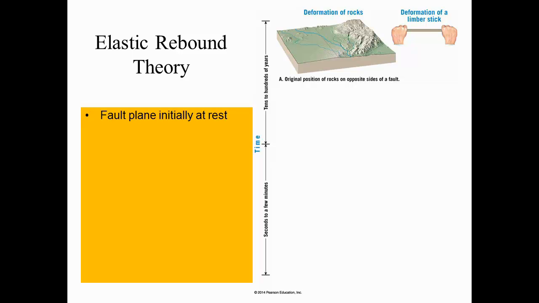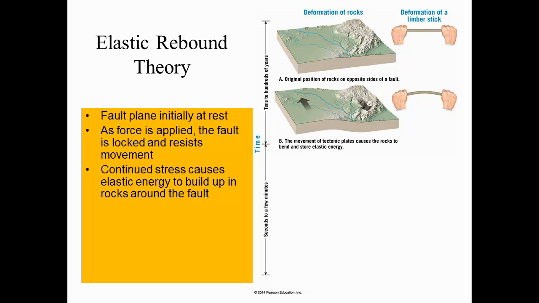Now, the best way to understand earthquakes is by considering what's known as the elastic rebound theory. According to this theory, the fault plane is initially at rest, which can be equated to holding a limber stick in the initial relaxed position. But then, as stress is applied, the fault is initially locked and resists movement.